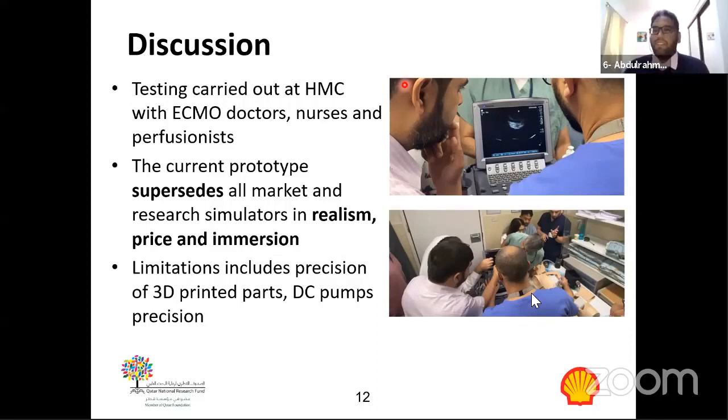Thanks a lot for your question. It's a very important point. Yes, I am aware of this paper from Poland. We've checked it out and analyzed it. What they're doing is mostly simulating the whole system, but they don't have a cannulation procedure or cannulation model. They have the ECMO machine running and some sort of demonstration.